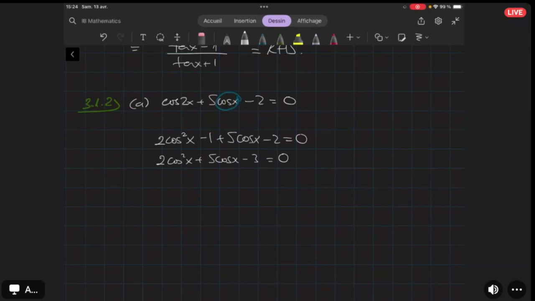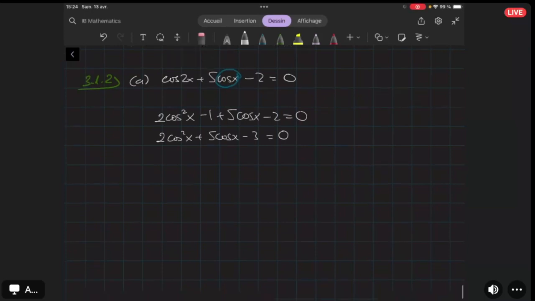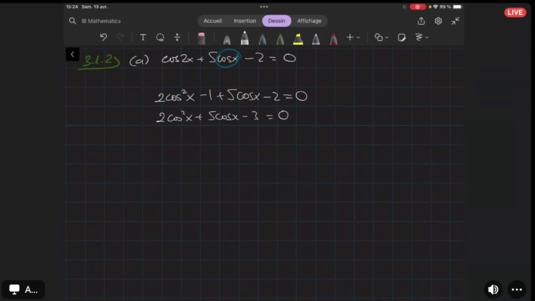I'm not going to go on solving. That's not the important part here. Part B, sine of 2x minus cosine of x.